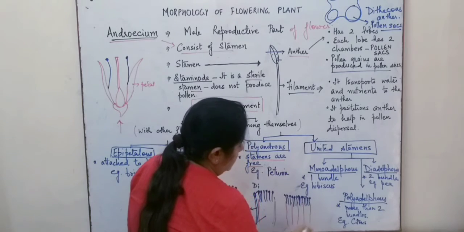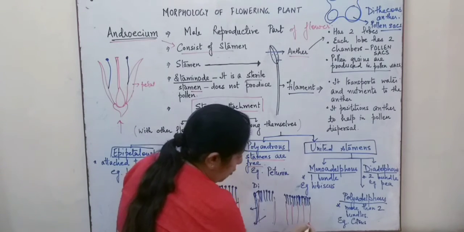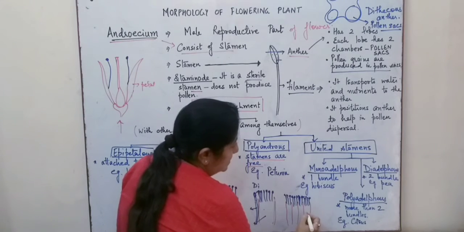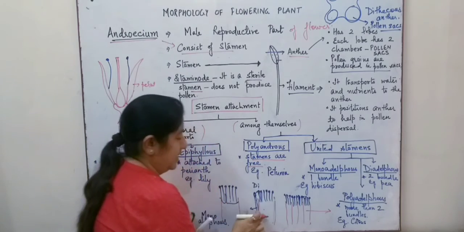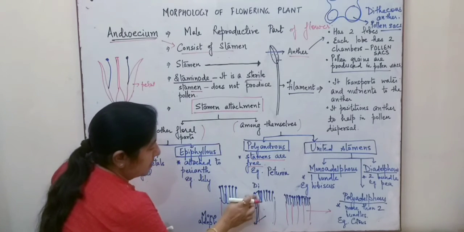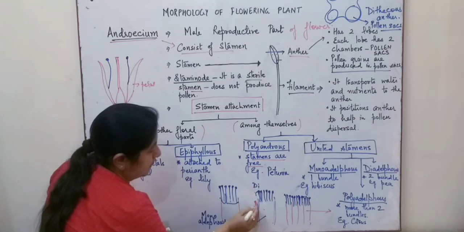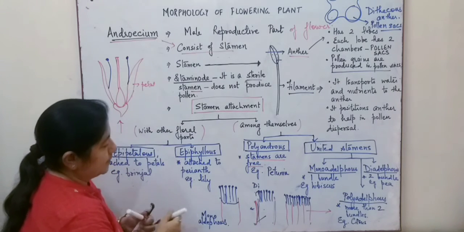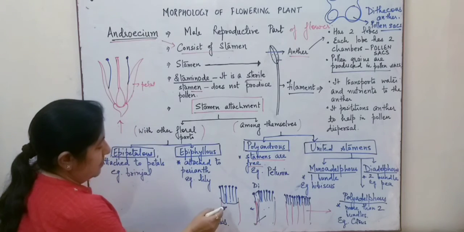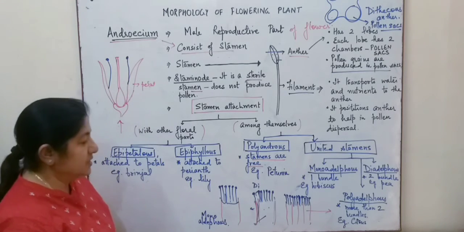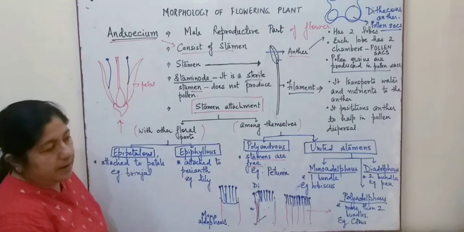As you can see, there are more than two bundles over here, and this is an example of the polyadelphous condition. This is the diadelphous condition, where the stamens form two bundles. One is separate over here and the second bundle is this, whereas the monoadelphous condition is one in which all the stamens form one bundle.